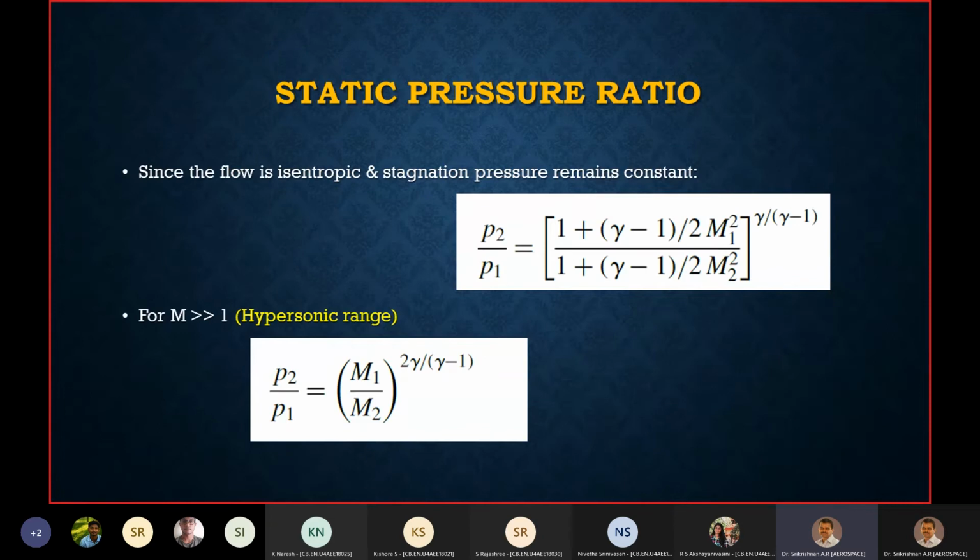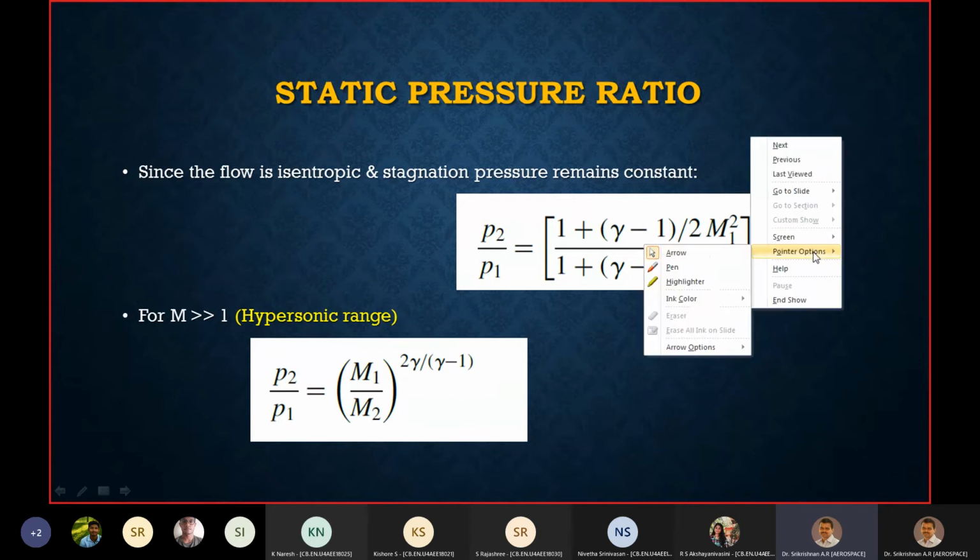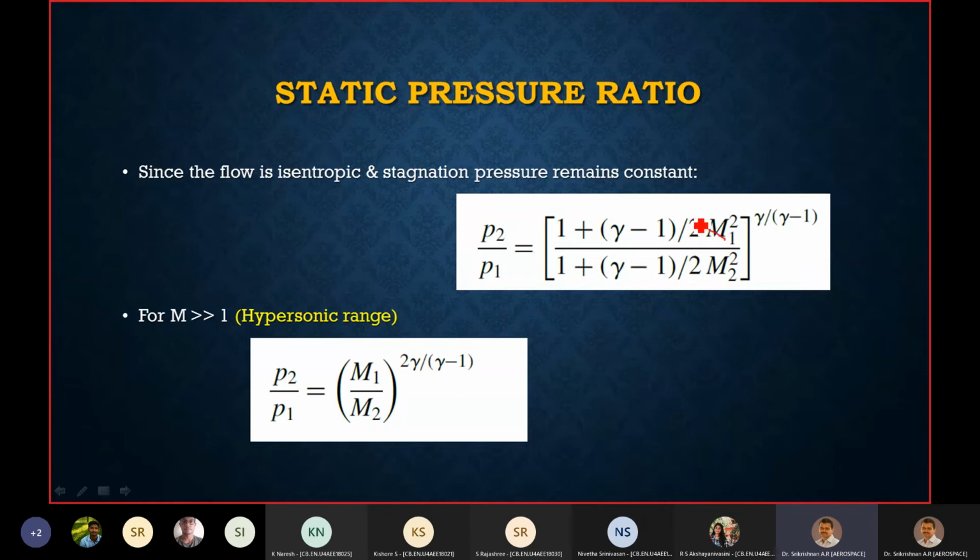Now, similarly, all the other relations like P2 by P1, we have an expression for the Prandtl-Meyer expansion for P2 by P1, which is straightforward because P naught remains constant. So if you just apply that, P2 by P1 can come readily from that. So P2 by P1 simplifies, so the expression on the top, when Mach number tends to infinity, simplifies to, keep in mind that this is an expansion process.